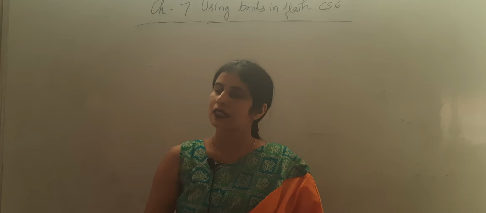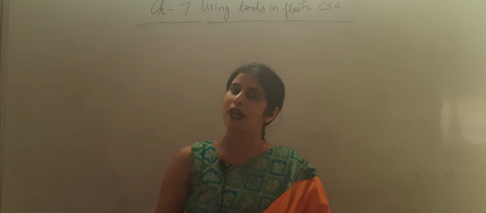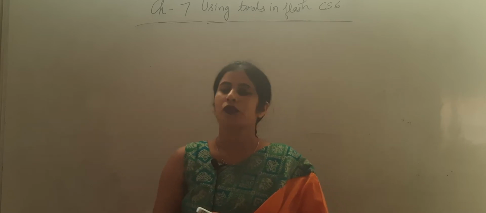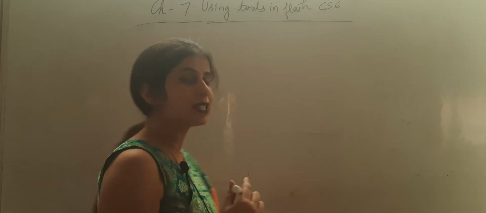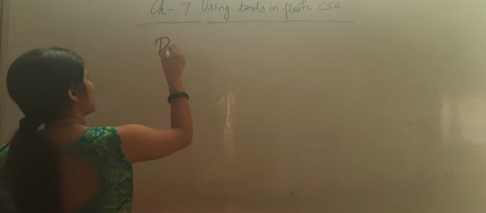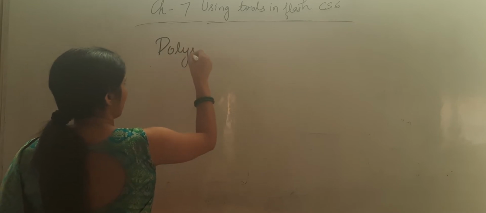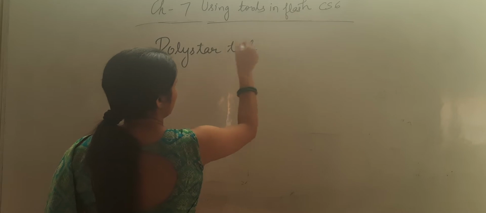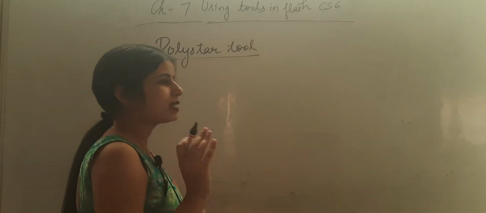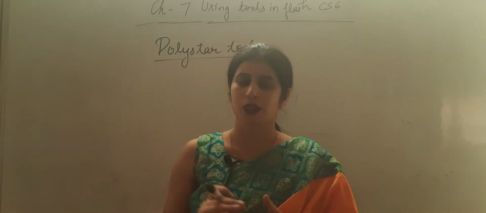So let's discuss these tools one by one. The first tool that we are going to discuss is known as polystar tool. What is the use of this polystar tool?